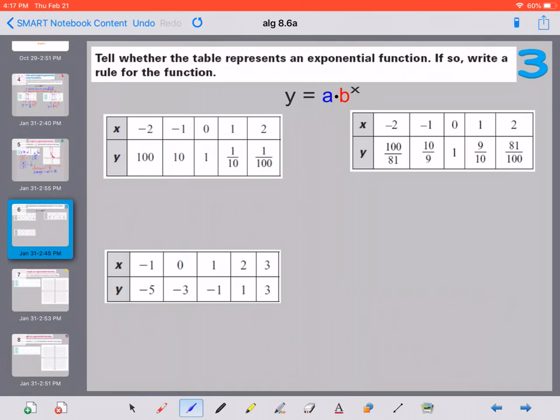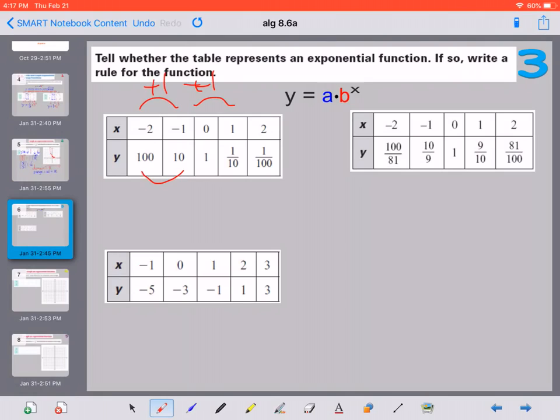So now we need to tell whether these represent an exponential function. If so, write a rule for that function. Top ones are going up by 1 for these. So that's good. We want that. The bottom looks like it's being divided by 10.